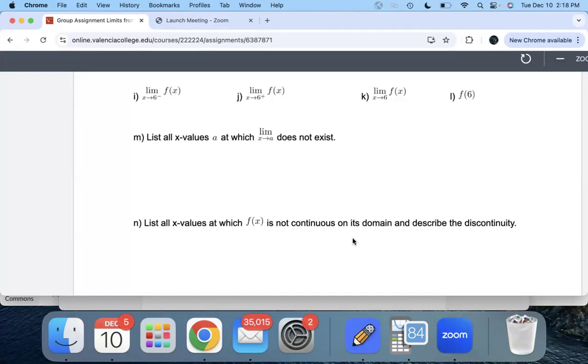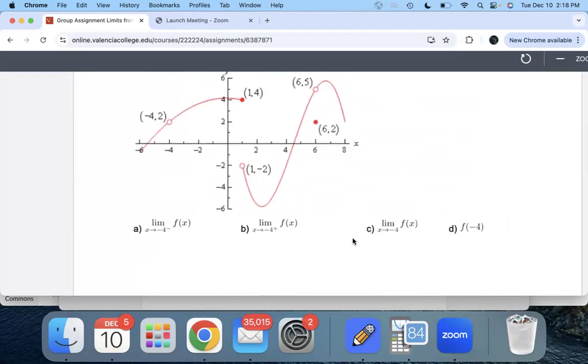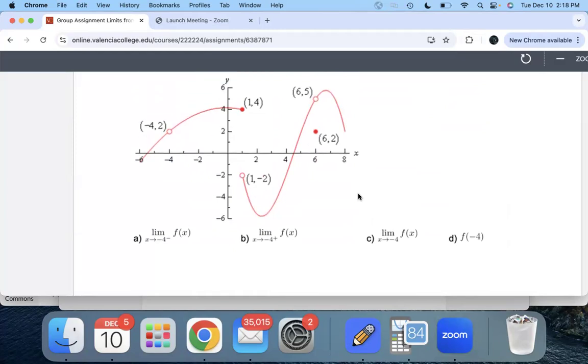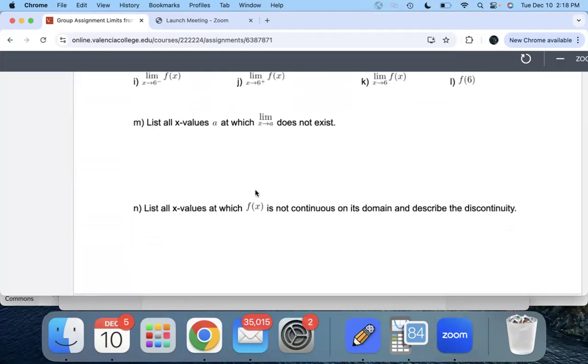If a number is not even in the domain, if the function is not defined there, if there is no solid dot above or below some x value, we don't even consider it to answer this particular question. Sure, the function might not be continuous there, but I'm not asking about those. I'm only asking about x values that are in the domain. So be careful with this. It's kind of a tricky question.